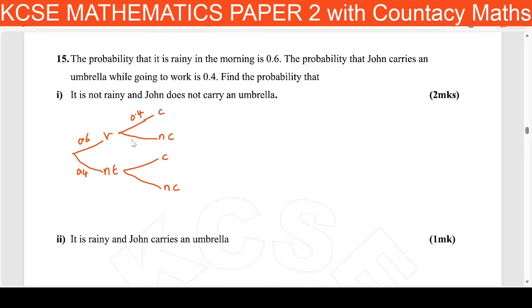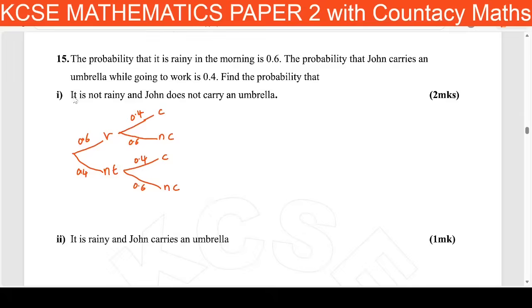Therefore that implies that the probability of not carrying the umbrella is 0.6. I believe that you know how we got this 0.6. It's because for this tree, it's supposed to add up to 1. Therefore, we have to subtract 0.4 from 1 to be able to get the other probability. But for this, we are told that for carrying the umbrella is 0.4. Therefore, for not carrying the umbrella should be 0.6, like that.